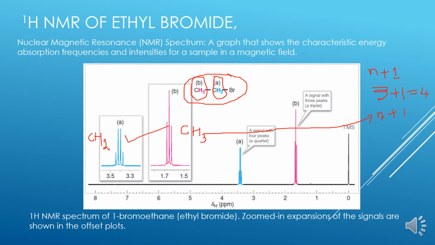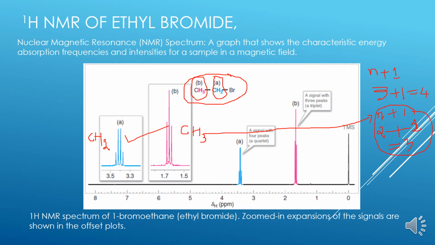Therefore, CH3 protons split into 2 plus 1 equals 3, a triplet.